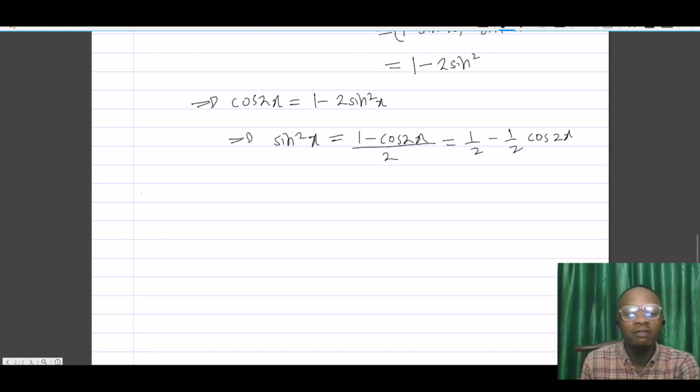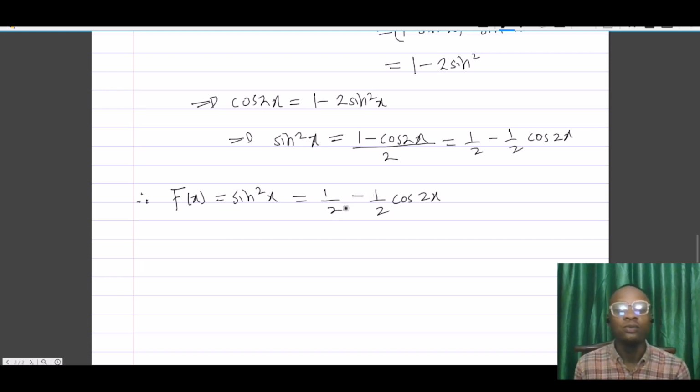Therefore, we can write f of x, which is given as sine squared x, as being equal to 1 over 2 minus 1 over 2 cos 2x. With this, we are good to go. We have an expression for f of x, and we clearly see that we can apply our method of undetermined coefficients to it.